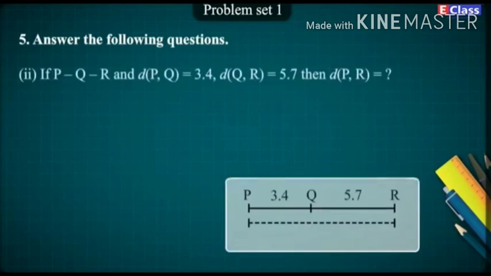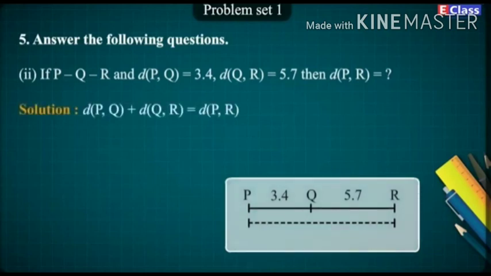2. If P-Q-R and PQ = 3.4, QR = 5.7, then PR is equal to how much? Solution.